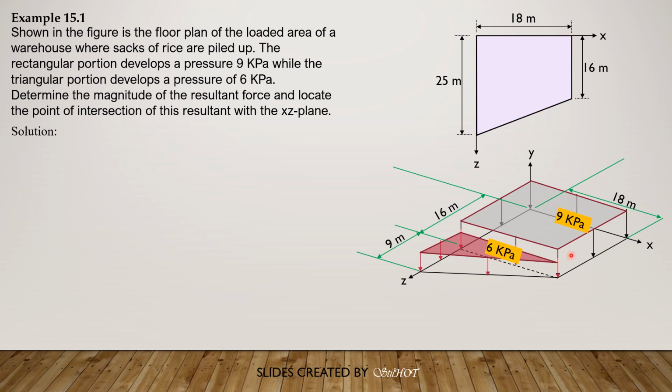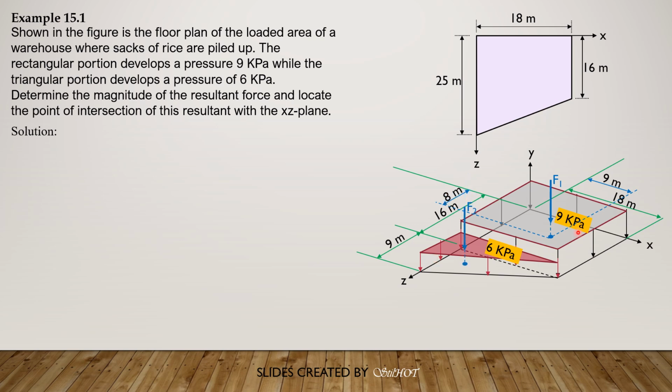So we have here 9 kilopascals on the rectangular portion and 6 kilopascals on the triangular portion. Let us denote F1 as the equivalent force of the surface load on the rectangular portion, and it acts at a distance of 9 meters from the YZ plane or from the z-axis, and of course half of 16, 8 meters from the x-axis.